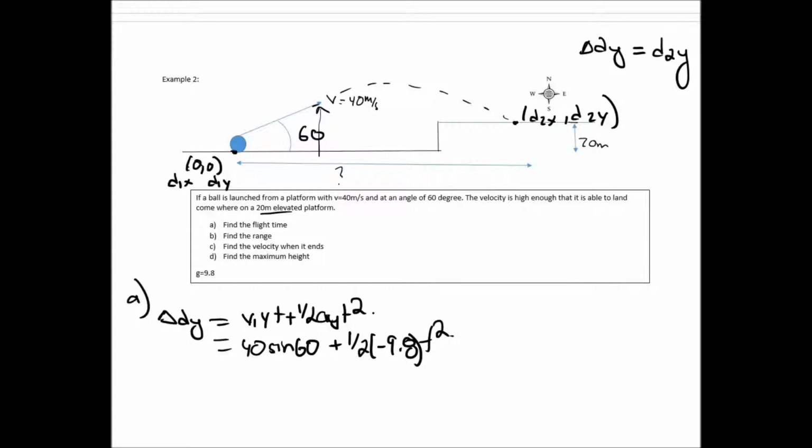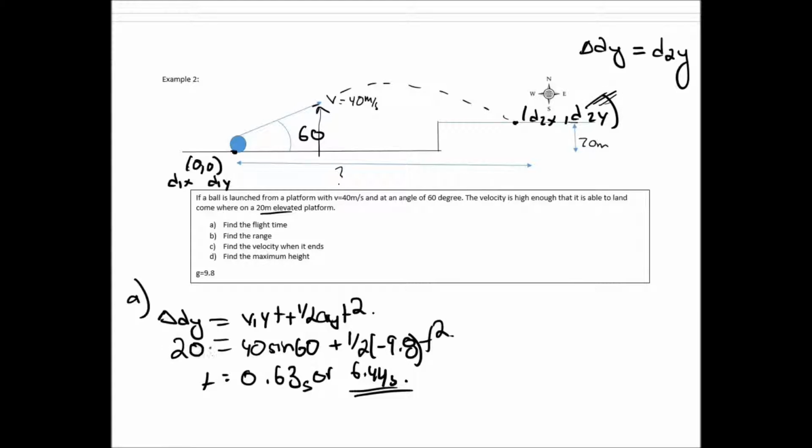t squared. And if we solve for t, we're going to get two answers. Oh wait, I forgot something.